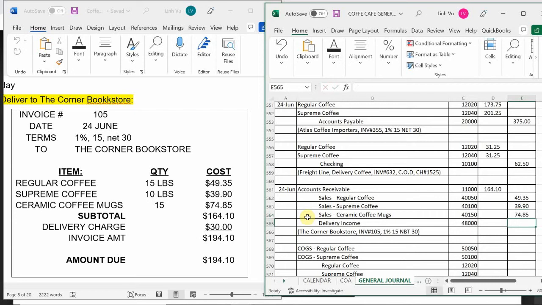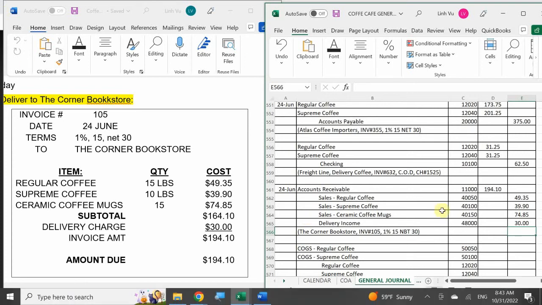And delivery charges, $30. So for a total of 194.10. Yes, good. 194.10 is what I have.